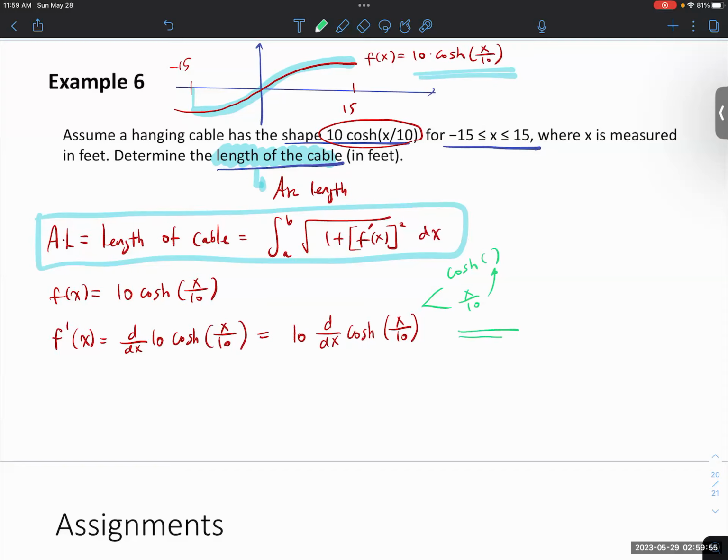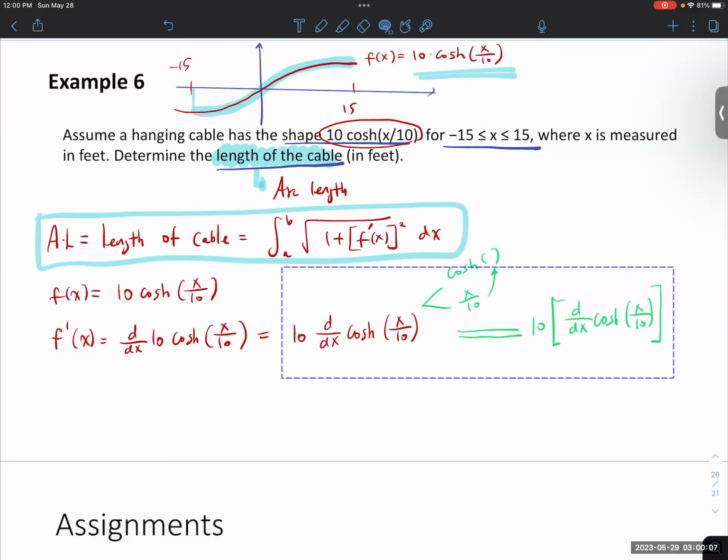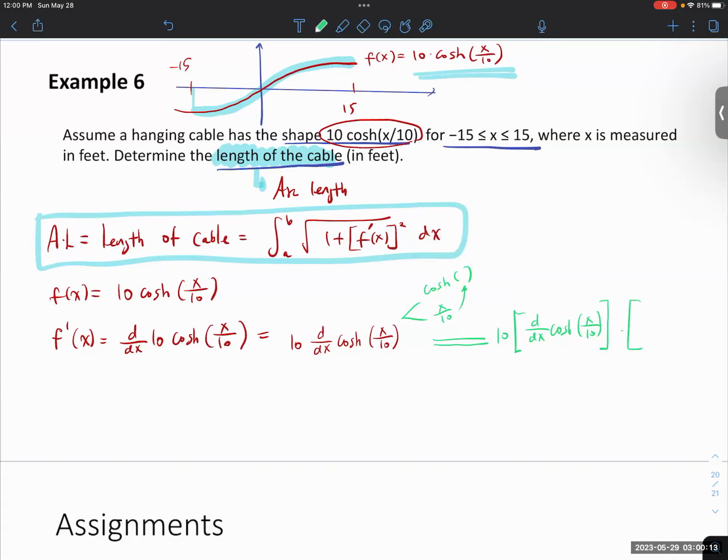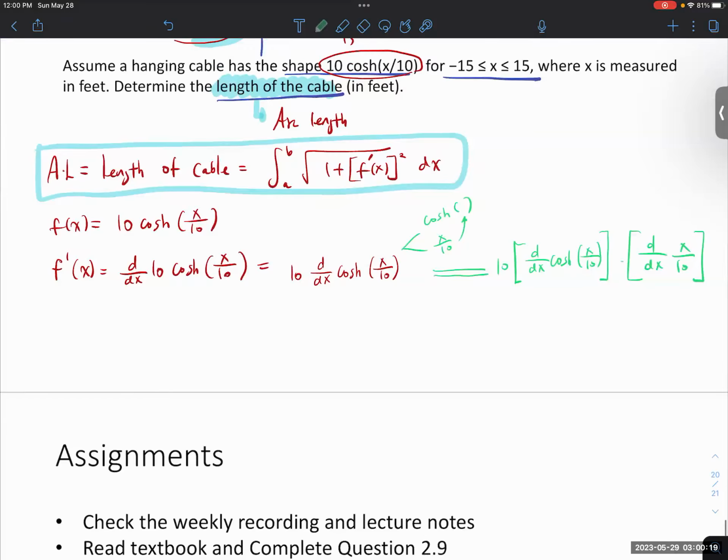So therefore, we have a 10 outside, cosh x over 10, inside, let me minimize it a little bit, and then inside d over dx x over 10. Right? So this is outside, inside.